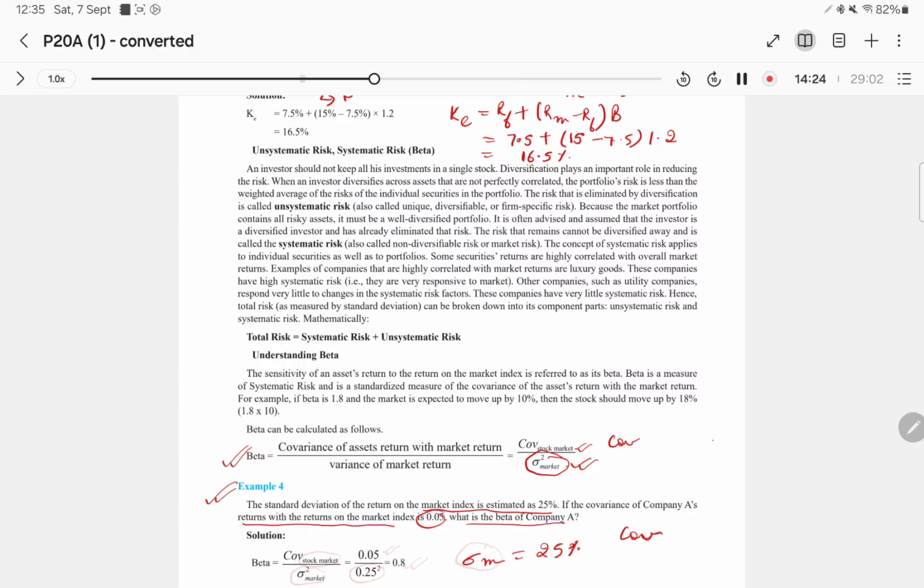How will you calculate the beta of the company? Beta's formula is the covariance of asset return with market return, divided by the variance of market return. So 0.05 is the value of this, and since standard deviation was given and in the formula we use variance, we'll square it, and the answer is 0.8.